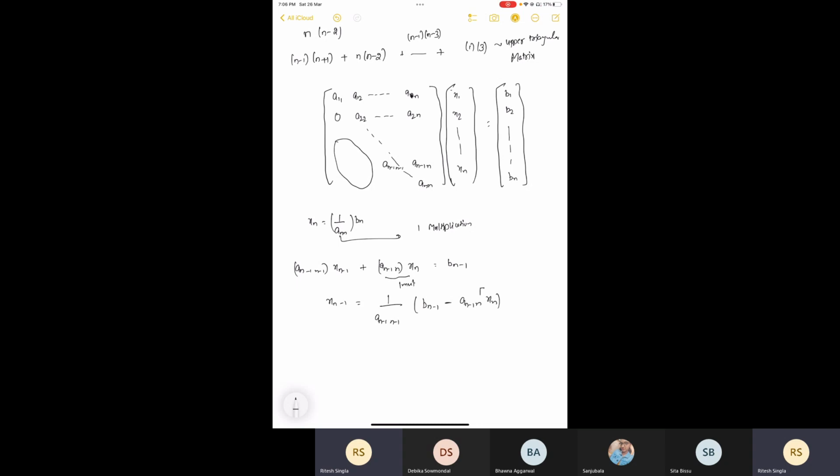So one multiplication here, and one multiplication here. So total two multiplications. Similarly, in order to find x of n minus 2, we will need 3 times multiplication operator, right?